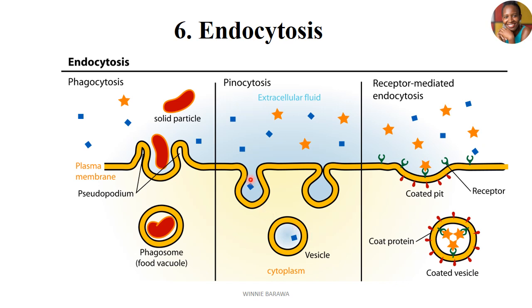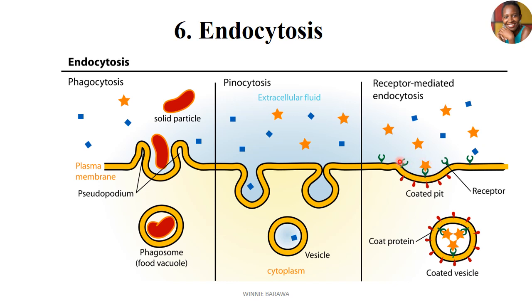It will be engulfed, pinched off in the vesicle or the vacuoles, and then it can be taken into the cell for other reasons. There is another type of endocytosis, what we call receptor-mediated endocytosis, which means for the materials to be taken in, there is need for signal receptors to signify which materials are to be taken in. When the substances come to the cell, they first attach to the receptor sites, as you can see here.